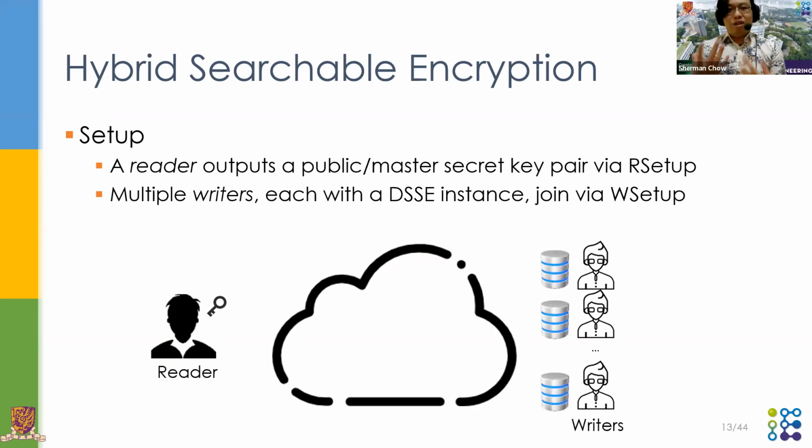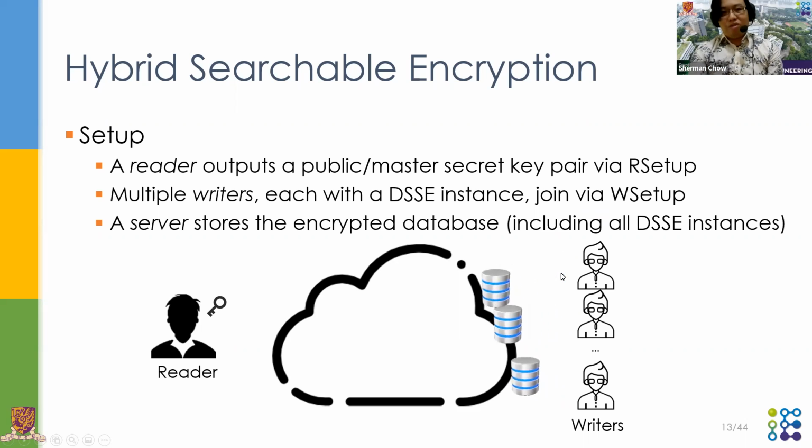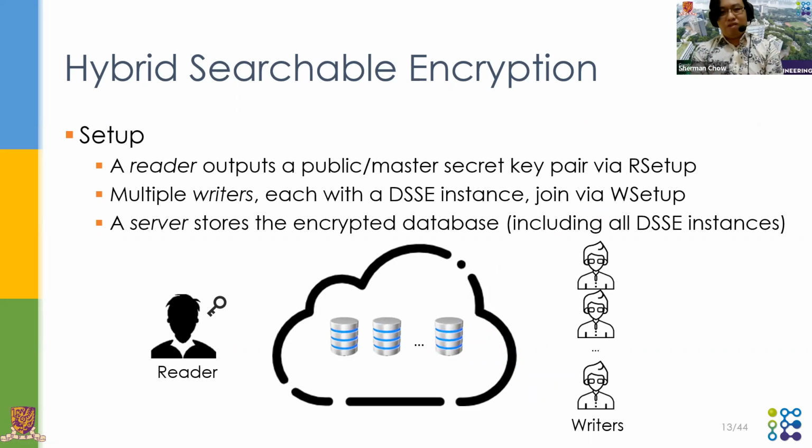And then the writers also have a simple W setup algorithm, and after executing this algorithm, they will output an initially empty DSSE instance. So each of the writers uses this W setup algorithm. Afterward, it will output a DSSE instance, and then the cloud server will just store all these initially empty encrypted databases and possibly some additional data structure, and that is our setup phase.